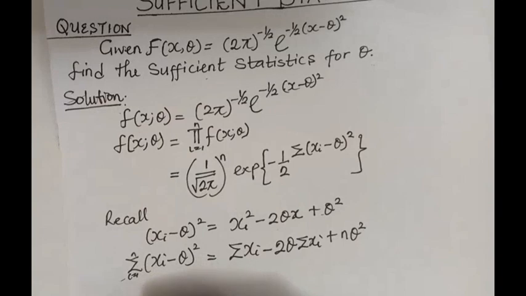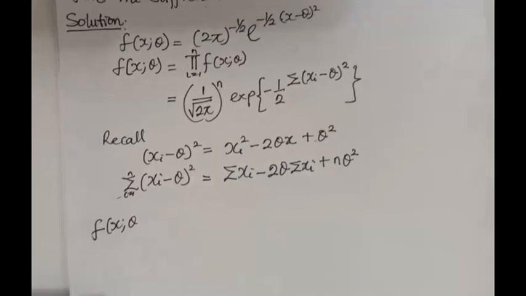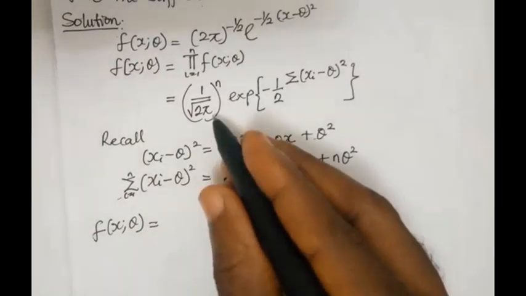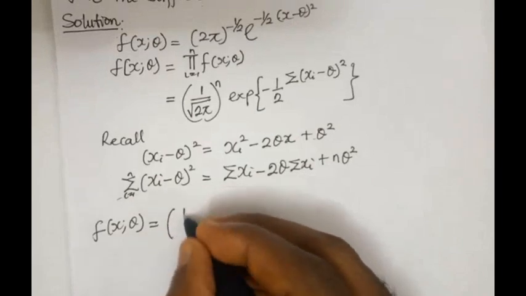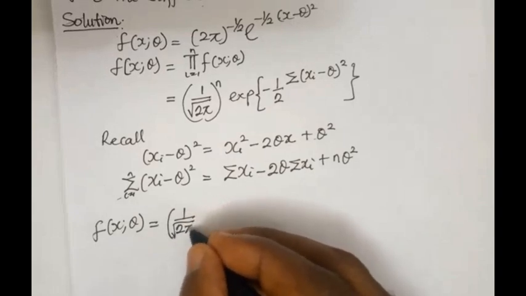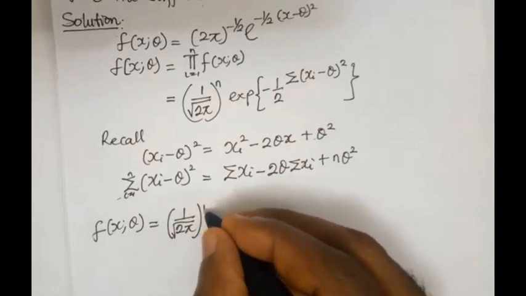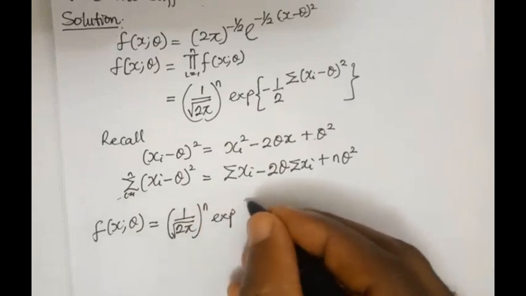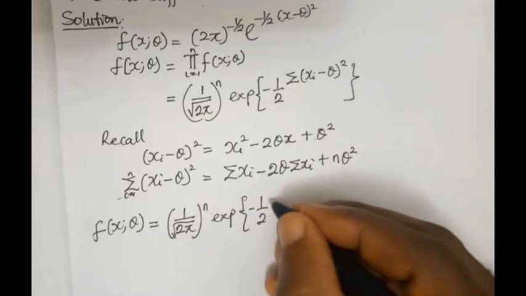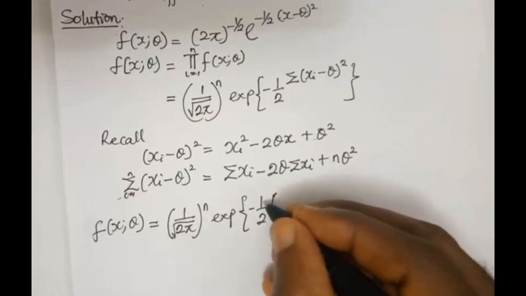So we can write f of x theta is equal to, write this one, 1 all over square root of 2 pi to the power n exponential negative 1 all over 2 in brackets. This is up.